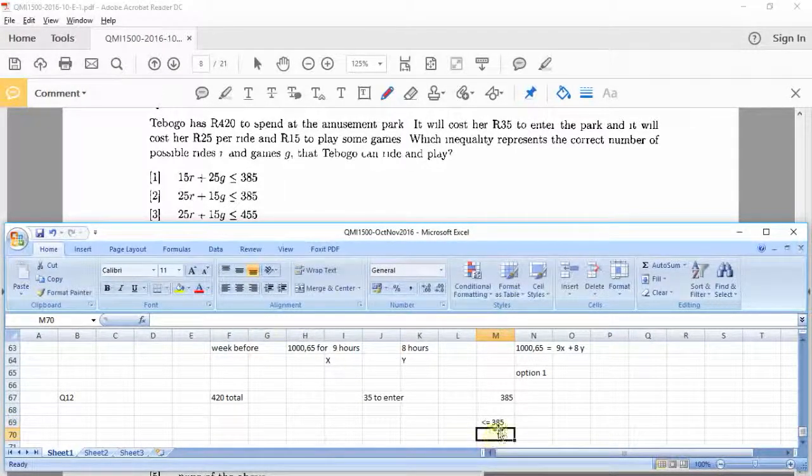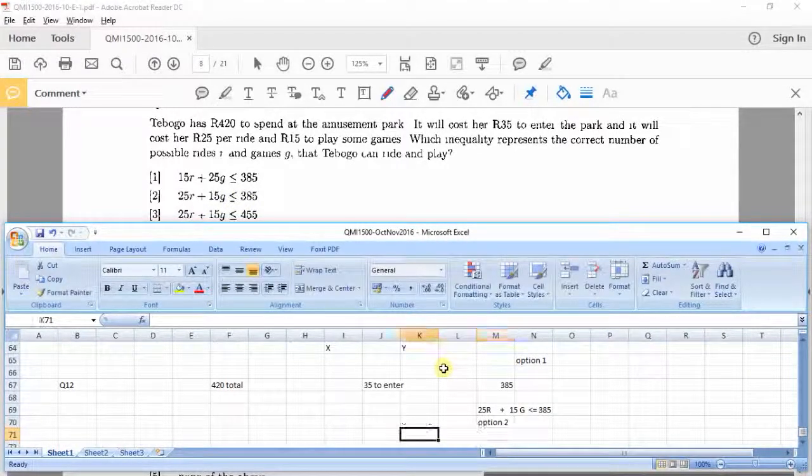Less than or equal to the 385. So 25R plus 15G less than or equal to 385, option 2.